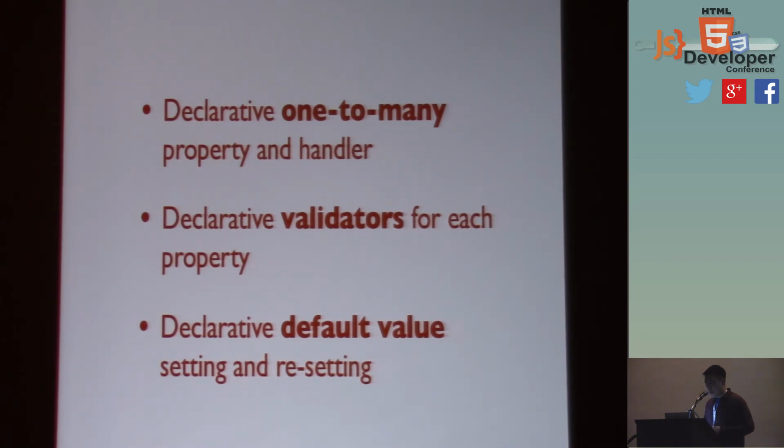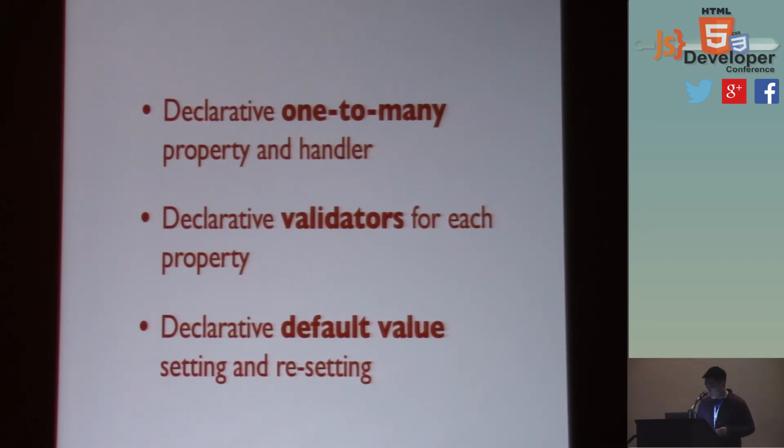Another popular question on Stack Overflow and the Backbone forum is, how do I do one-to-many properties on a Backbone model? Because Backbone model doesn't support that. And we wanted it, and we found a couple of implementations from other frameworks, but they seemed a little bit too complicated for us, so we rolled our own.